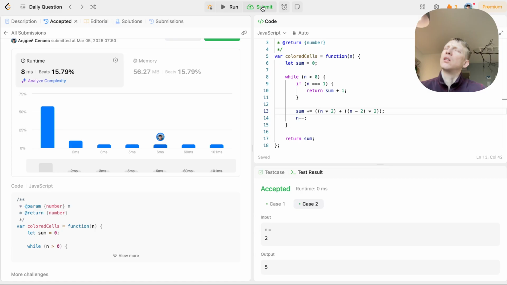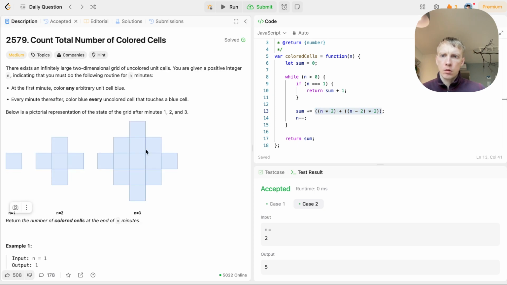Maybe there is a simpler solution that we can use. Here I am trying to calculate the formula of count.